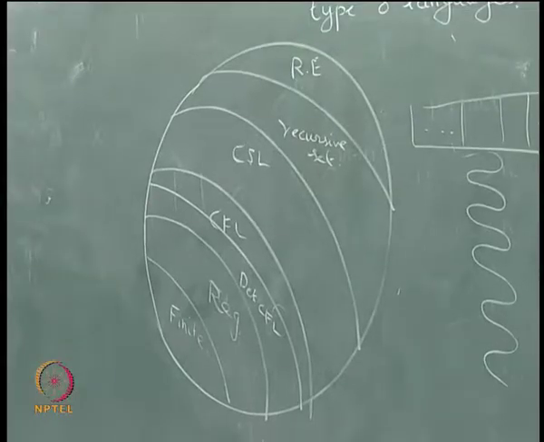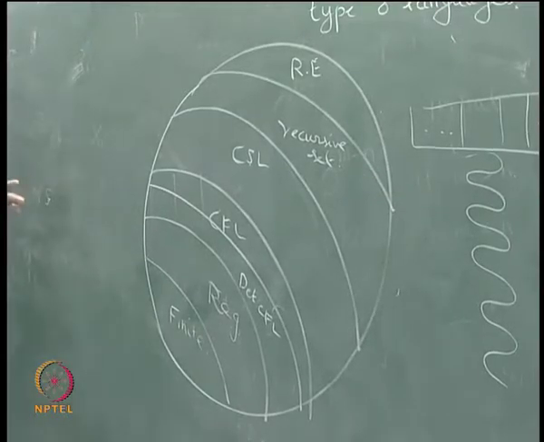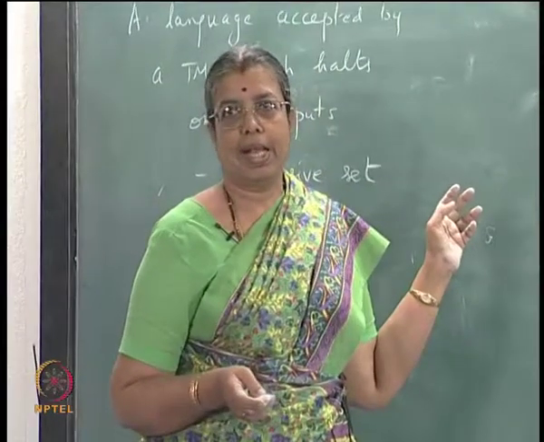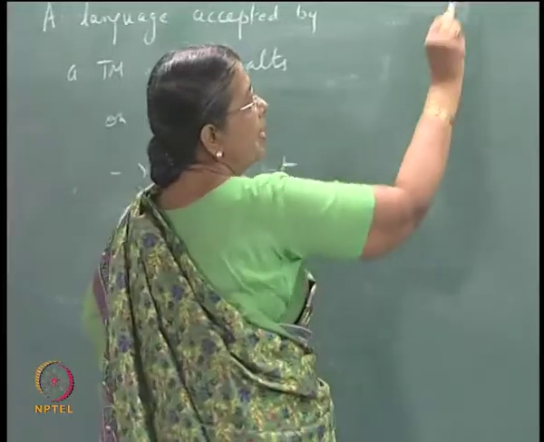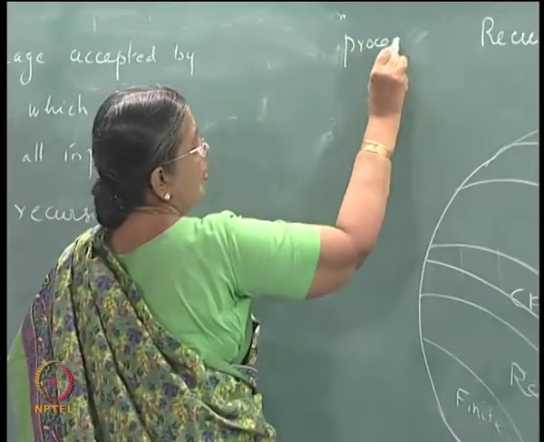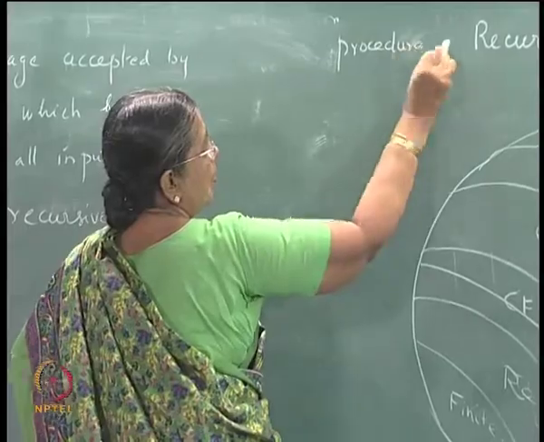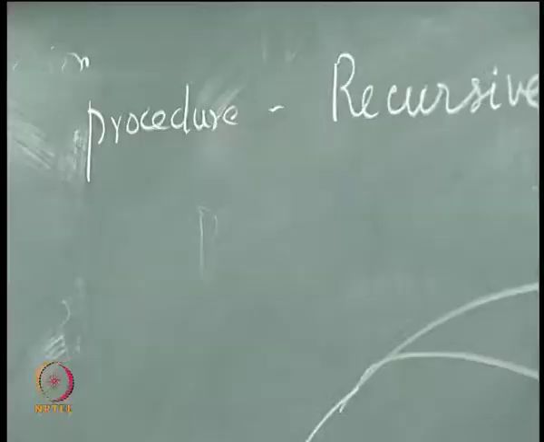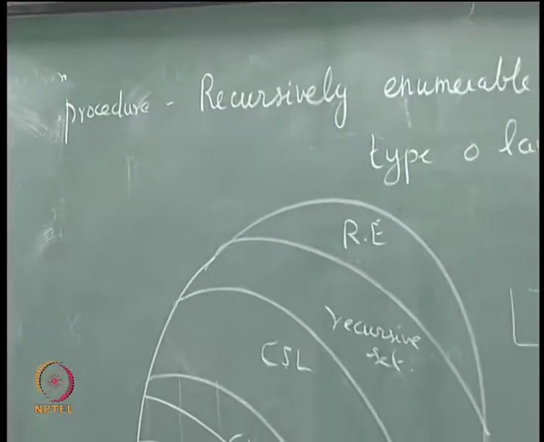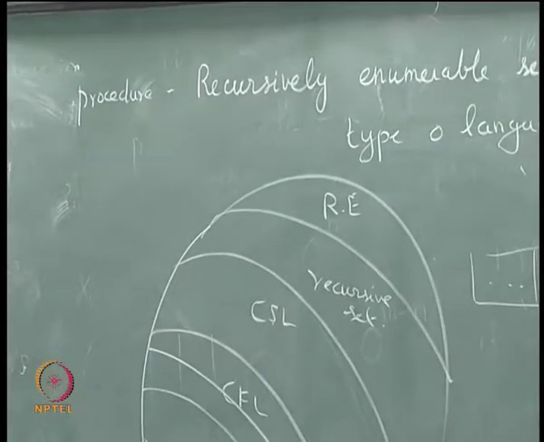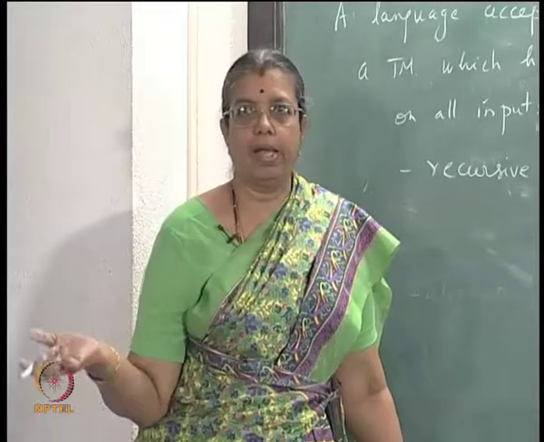I told you earlier that there is a small difference between a procedure and an algorithm. A procedure corresponds to this. If the answer is yes, it will give the answer, but if the answer is no, it may get into a loop, it may go on trying and it may never end.